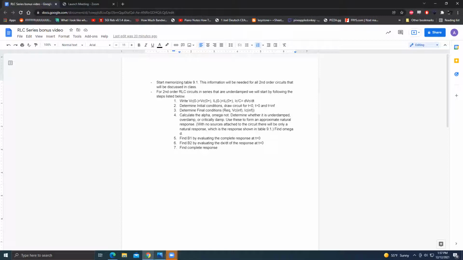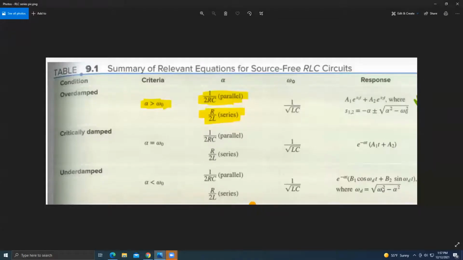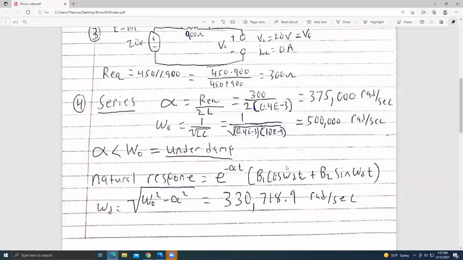Therefore, looking back at this table, this response right here will be our natural response, which is e to the negative alpha t times B1 cosine omega d t plus B2 sine omega d t. Well, our omega d also has to equal the square root of omega naught squared minus alpha squared. All right, well, let's write that down then. We will write that down as this is our natural response with omega d equal to the square root of omega naught squared minus alpha squared.